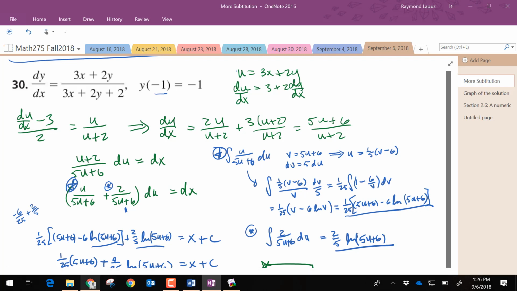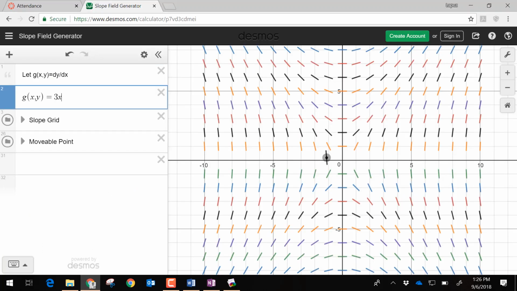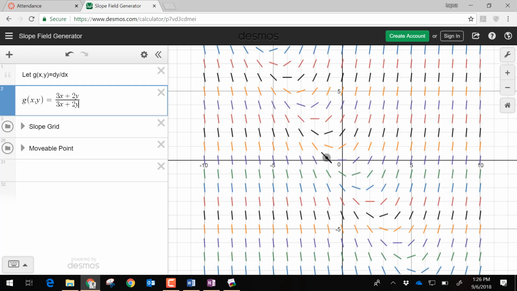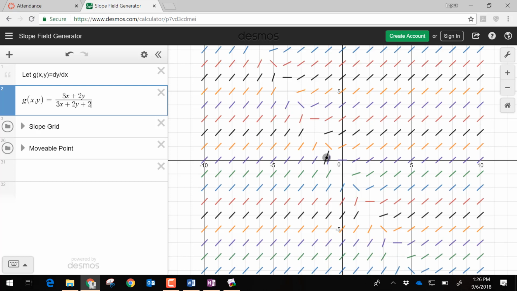All right. So 3x plus 2y, and then the same thing. Slope grid, movable point.